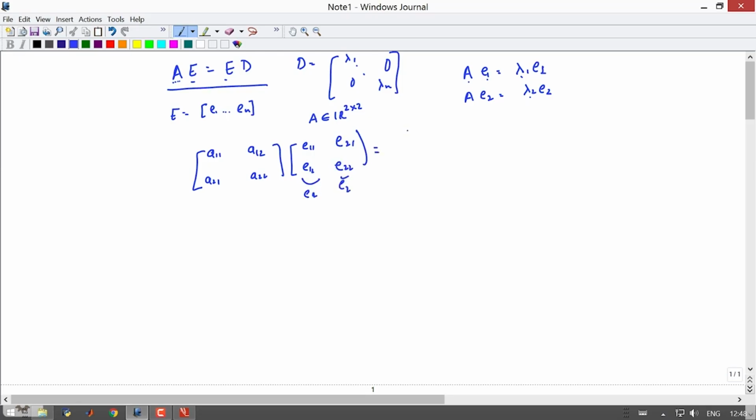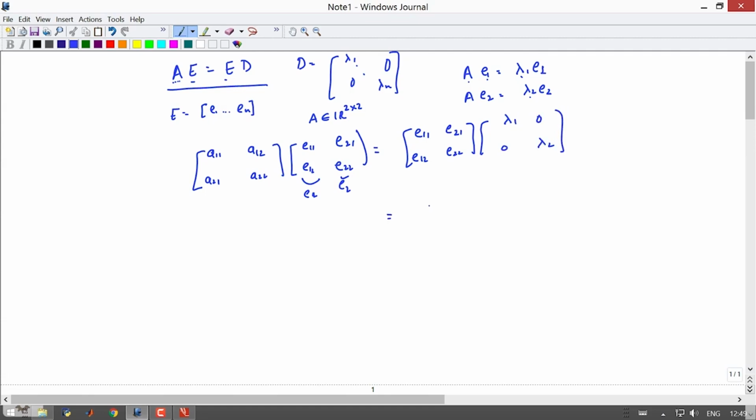The right hand side I can write as E11, E12, E21, E22 with lambda 1, 0, 0, lambda 2.